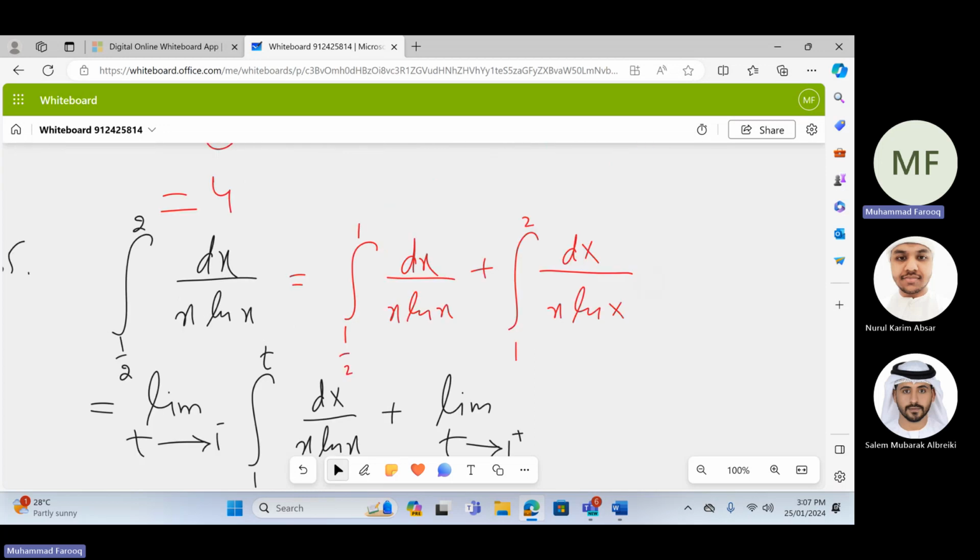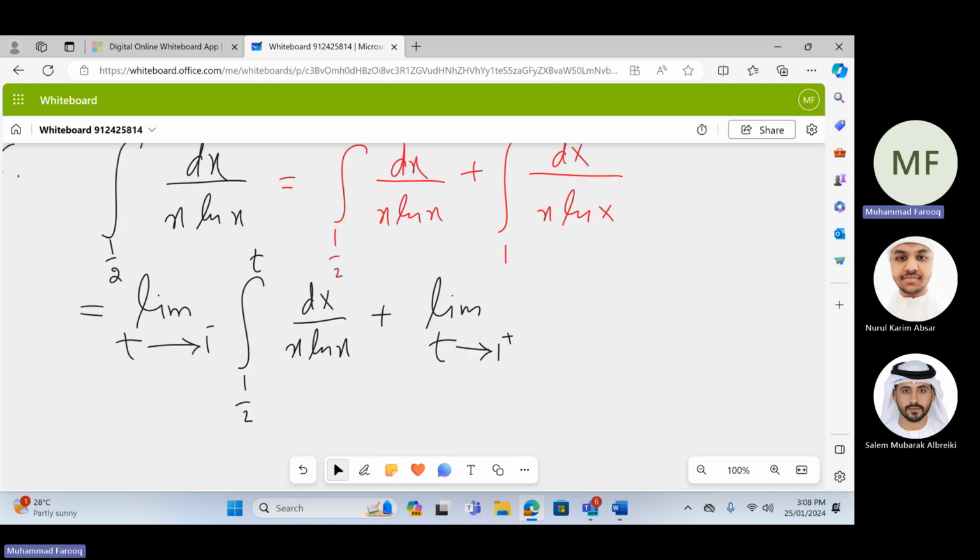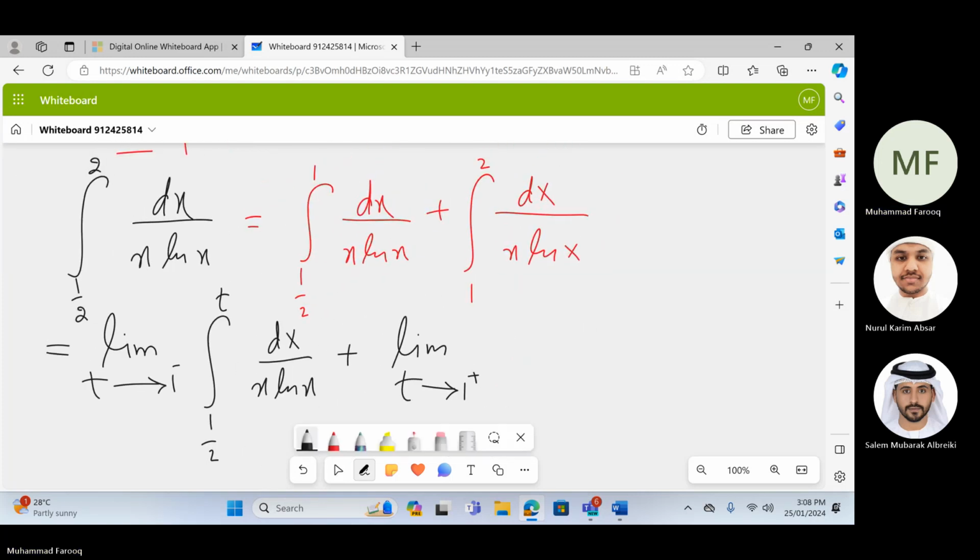Because from one to 2 all the values are more than one: 1.1, 1.3, 1.5, 1.99. That's why I put the right sign. And now it is replaced by t to 2 because we are missing 1. So dx divided by x ln x.